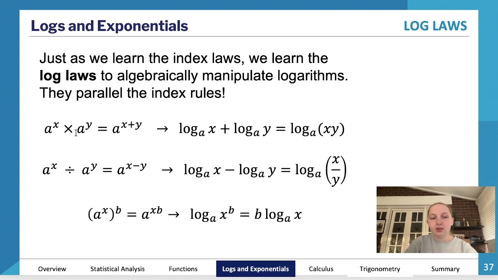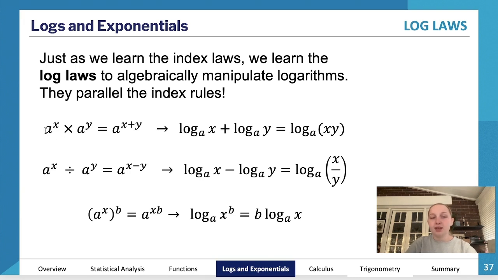So in the index law, we've got the multiplication on the left and addition on the right. With our log laws, we've got the addition on the left and the multiplication on the right. Sorry, I got that the wrong way around. Okay, so log a of x plus log a of y equals log a of xy.